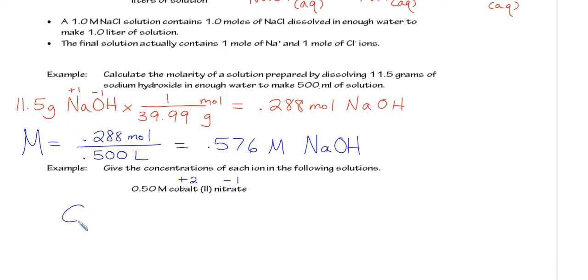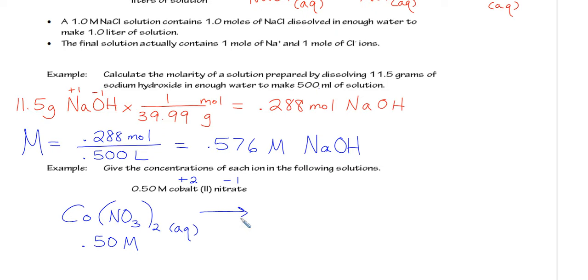So I've got some cobalt. I need 2 nitrates. This is a 0.5 molar solution. So it's aqueous. It's in solution. There we go. When this thing is in solution, all the ions dissociate. They split apart from each other.